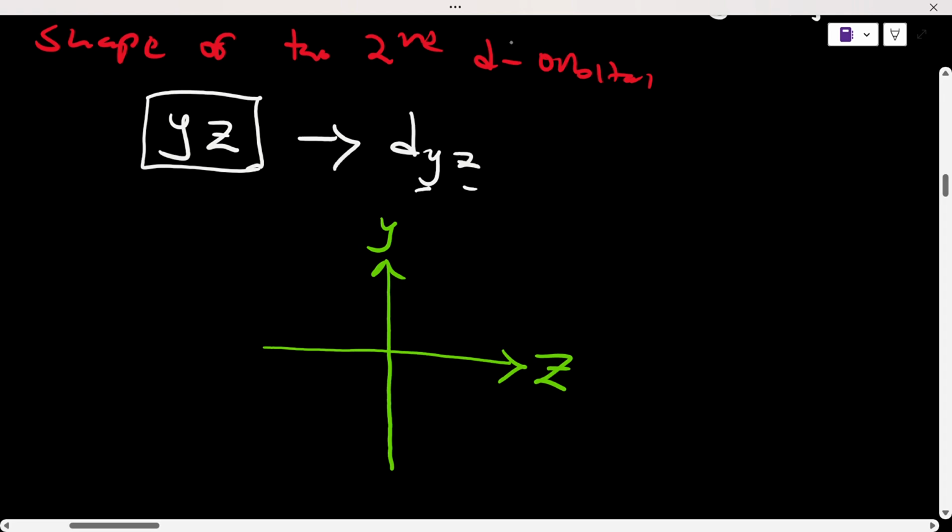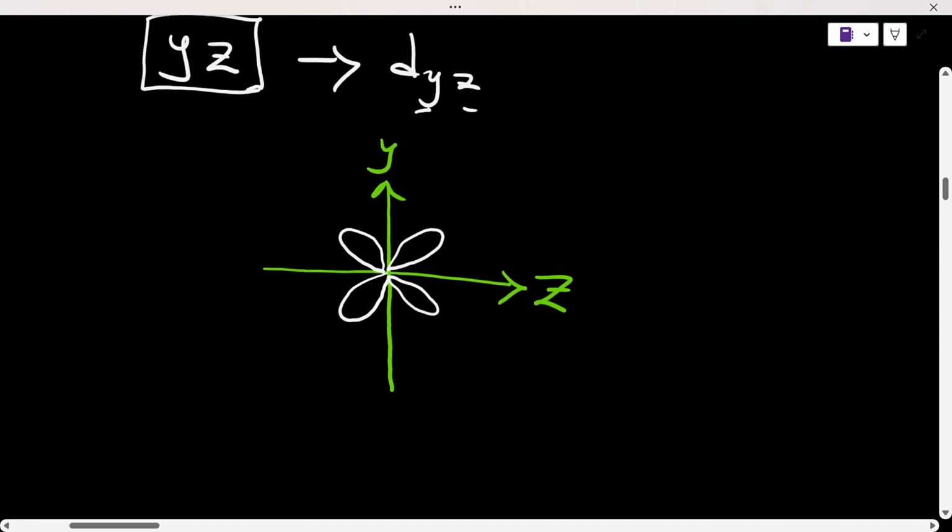So the first dumbbell is going to be here, the next one is going to be here, between the spaces. What does that one show? That the dyz is found between the y and z axis.